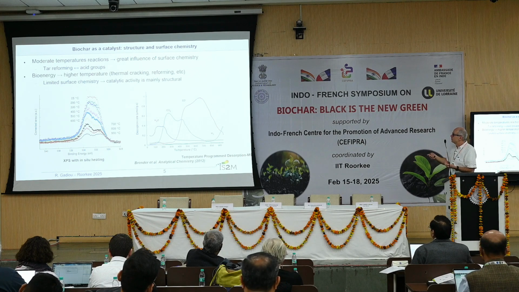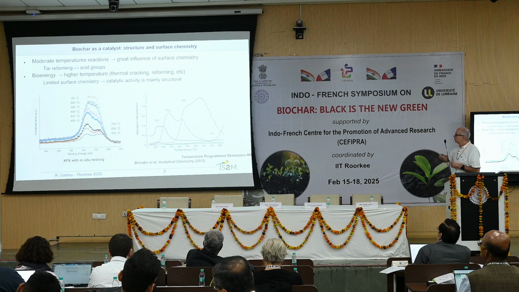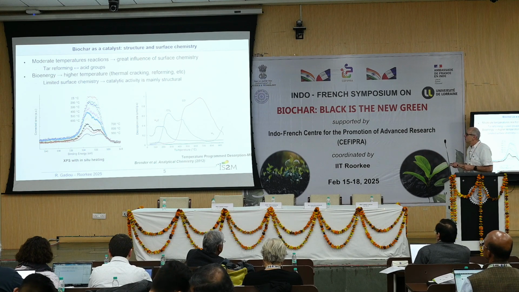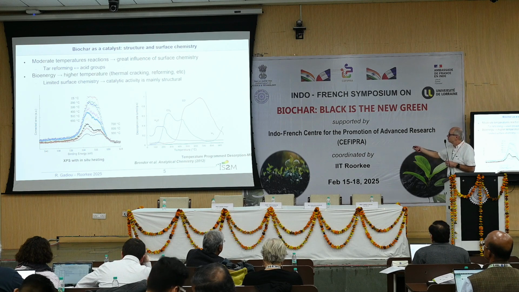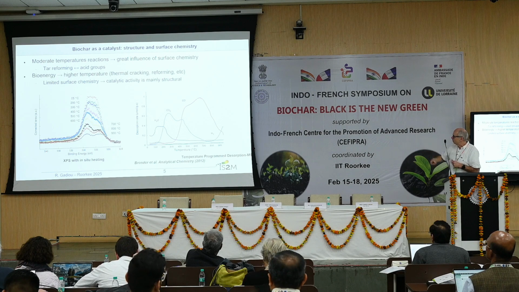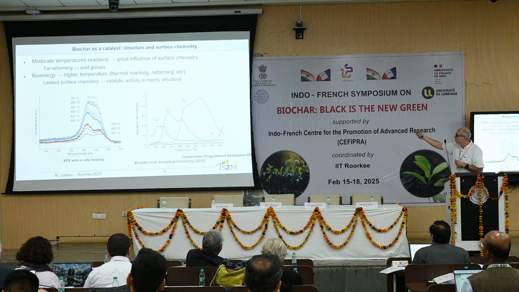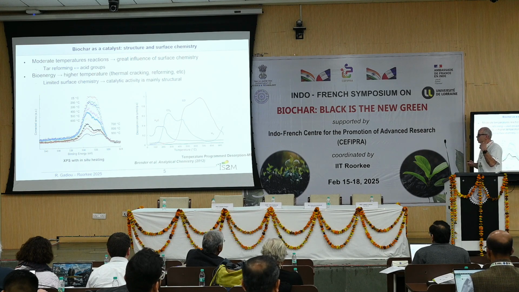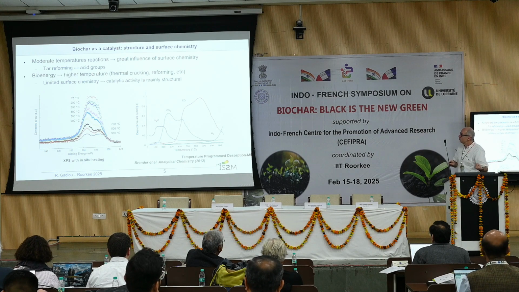If you go to bioenergy, for example, thermal cracking to produce hydrogen, reforming, and so on, you will not have any more chemistry, except, for example, some semiquinone which are present and stay until 800 Celsius degrees. So you will have to work not with the surface chemistry, but with the structure of the material, that is the active type.